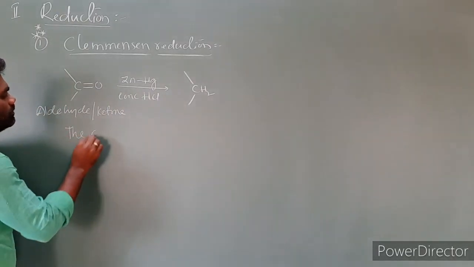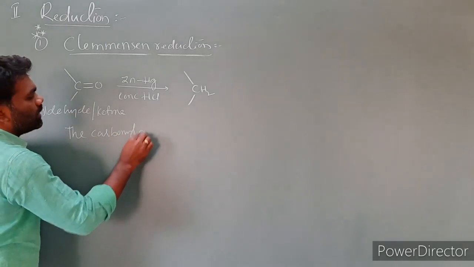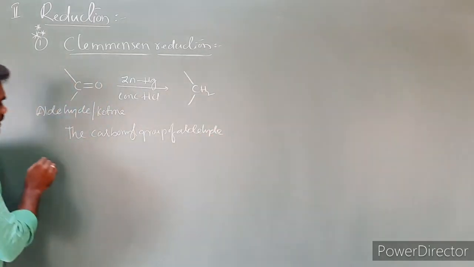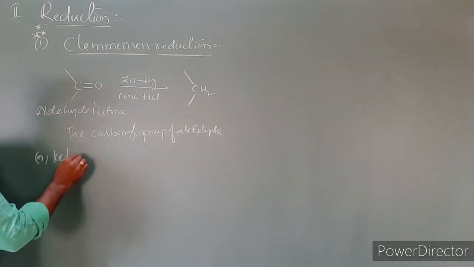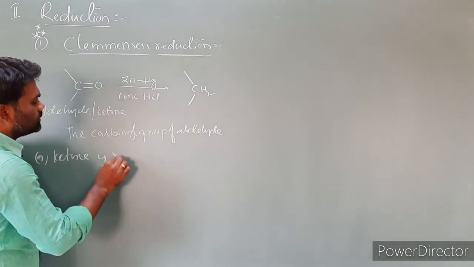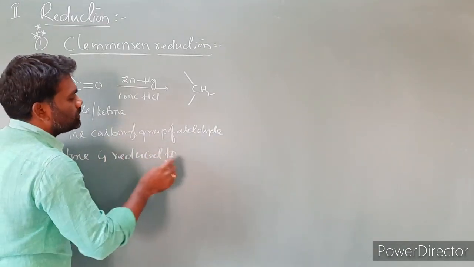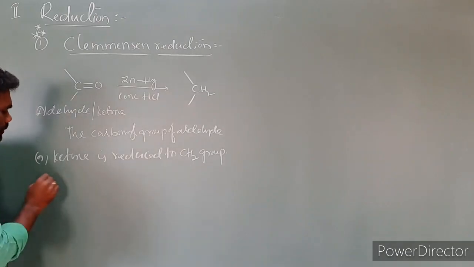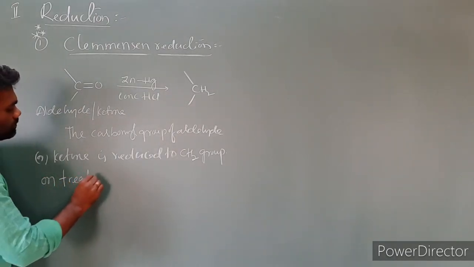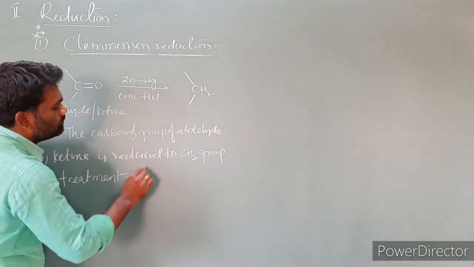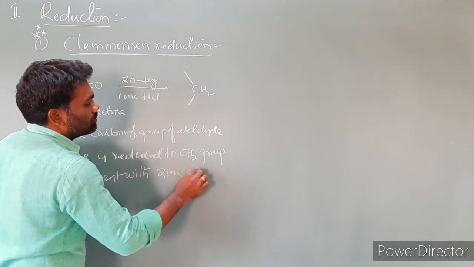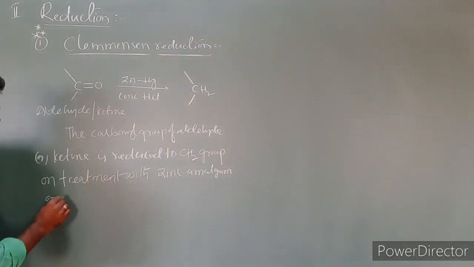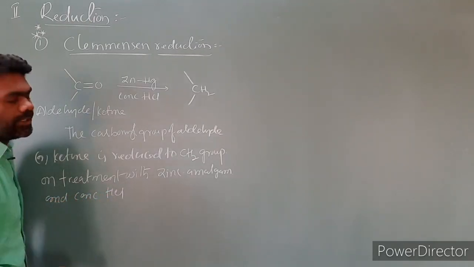The carbonyl group of aldehyde or ketone is reduced to CH2 group on treatment with zinc amalgam and concentrated hydrochloric acid.